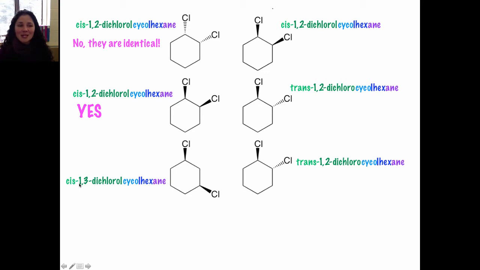You can tell because the rest of the name is different. So the first one is 1,3-dichloro and the second one is 1,2-dichloro. These are not cis-trans isomers, they are not stereoisomers, they are structural or constitutional isomers.